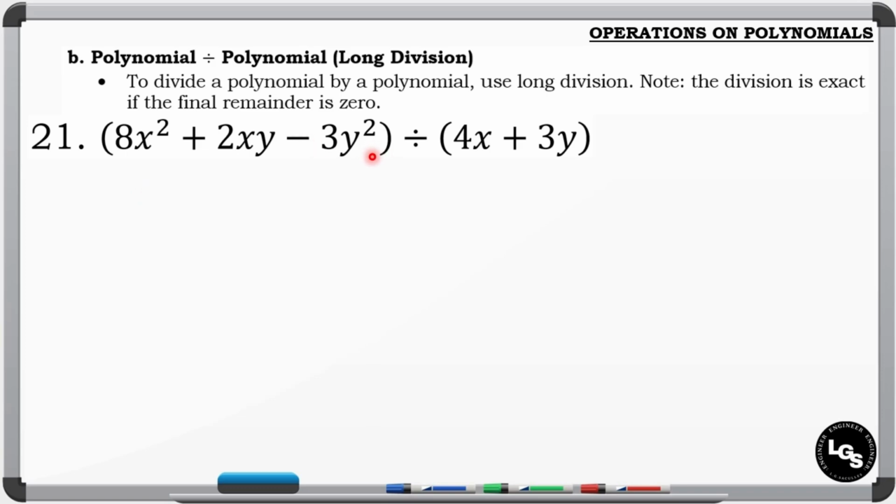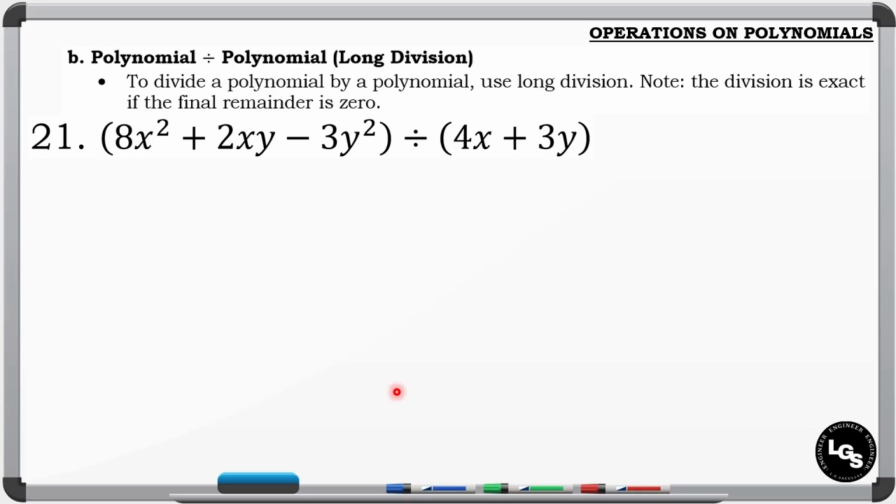But in this case, if you notice, we have two variables, x and y, with the same degree. If we encounter problems like this, we can use either leading term. So we can use the x squared or the y squared as the leading term. We can choose between the two.